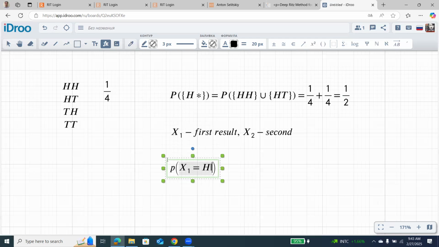So let's think about the probability that our second flip resulted in heads when the first flip resulted, for example, in tails. What is the probability of this?